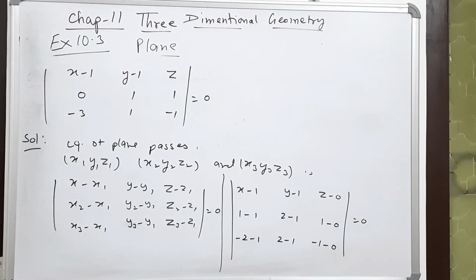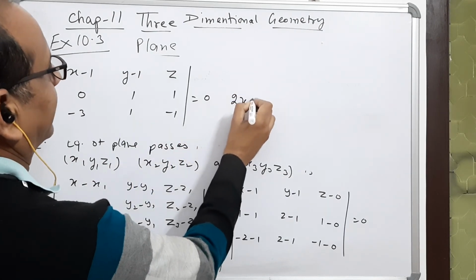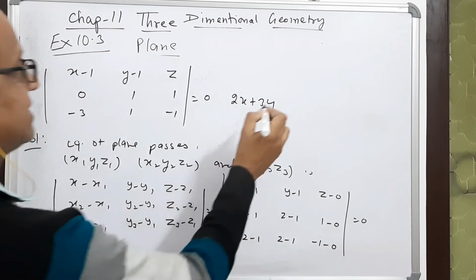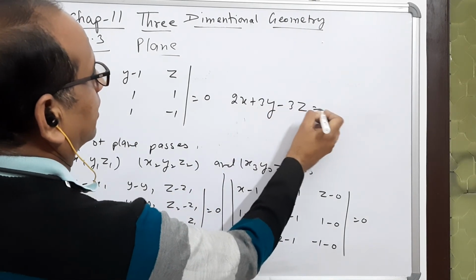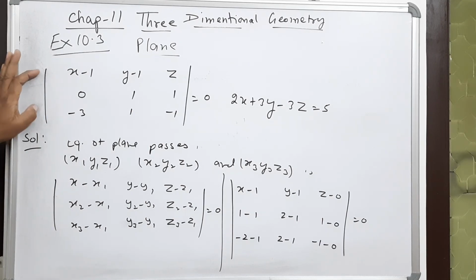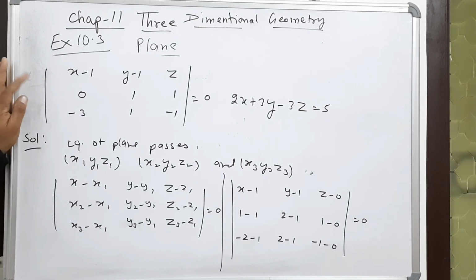You can expand this part, and the equation of the plane you will get is 2x plus 3y minus 3z equals to 5. Just by expanding this you can find it. So in this way we can find the equation of the plane which passes through 3 points.